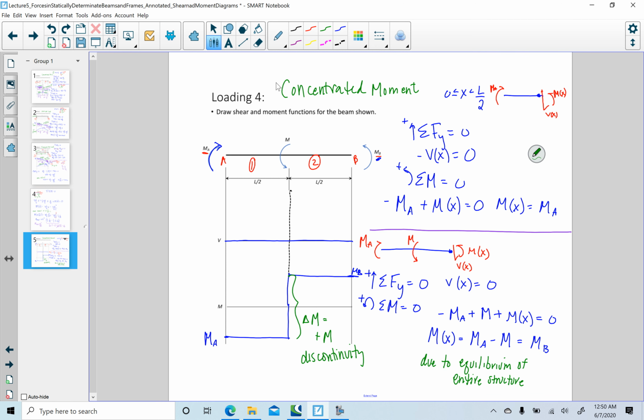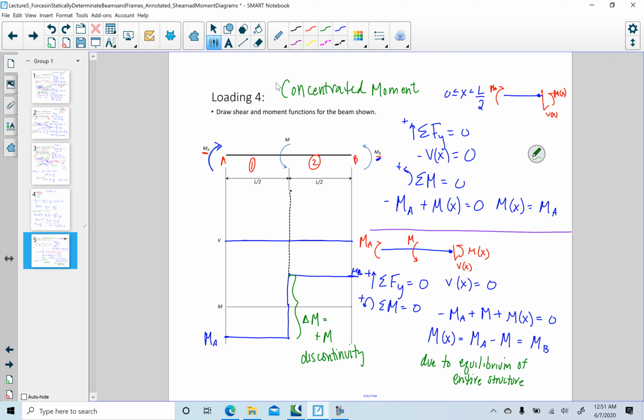And finally, my concentrated moment doesn't have any effect on my shear function, but it causes a discontinuity in my moment function. The change in the moment would be equal to that applied moment.